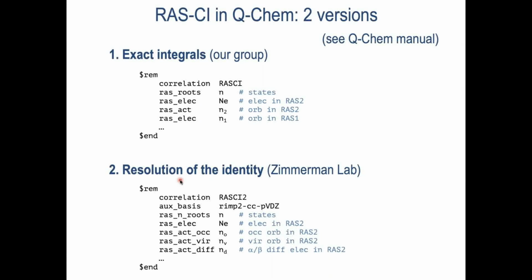To work with one or the other, as is well explained in the manual, you have to use either correlation RASCI or correlation RASCI2. So you can find all the details there.